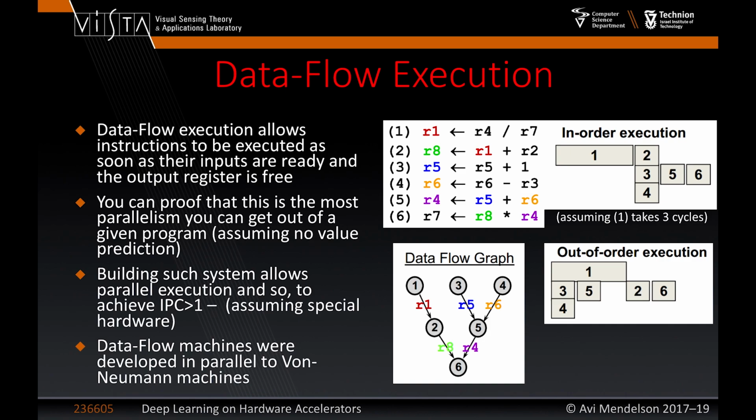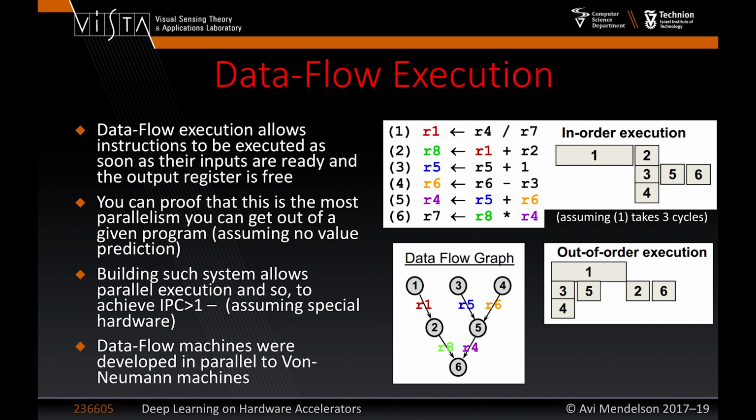Dataflow Execution says you don't need to execute instruction by instruction, because what you really care about is the correctness of the result. The correctness is determined by the data dependencies. Data dependency says that whenever you have two inputs which are ready and you have something to write the buffer to, you can execute the instruction.